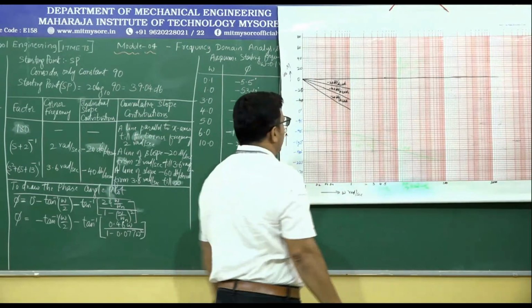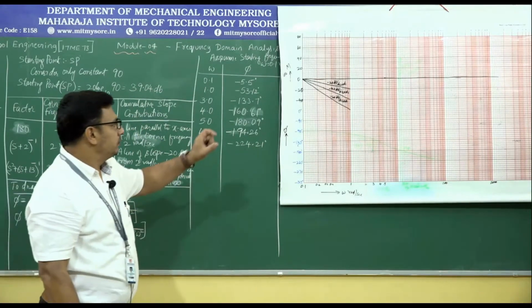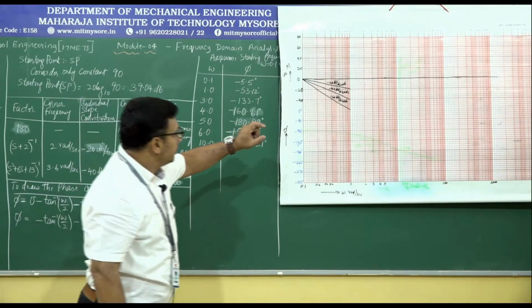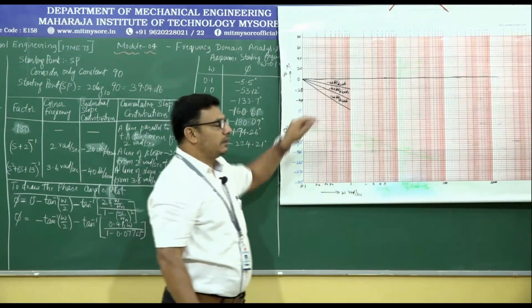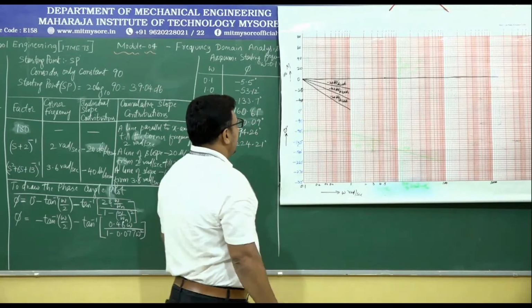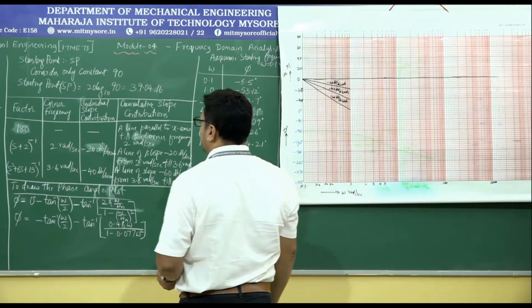We have had elaborate and enough discussions, or rather detailing on the slopes now. Now once you have this, then we will start making the magnitude versus frequency plot.